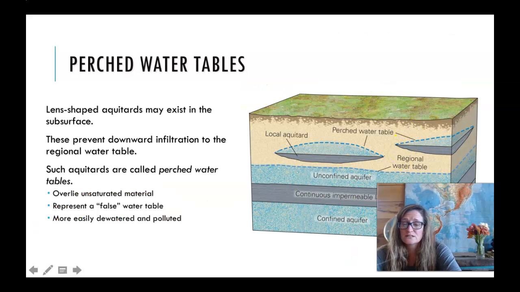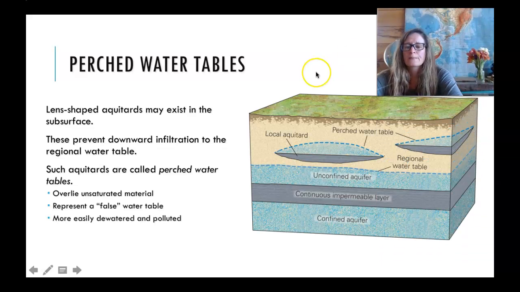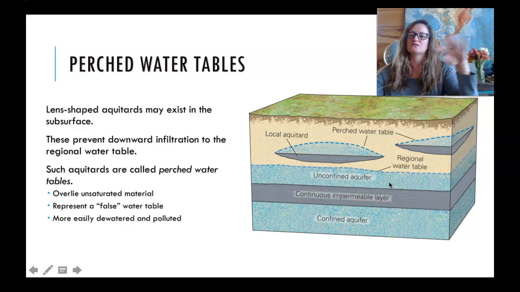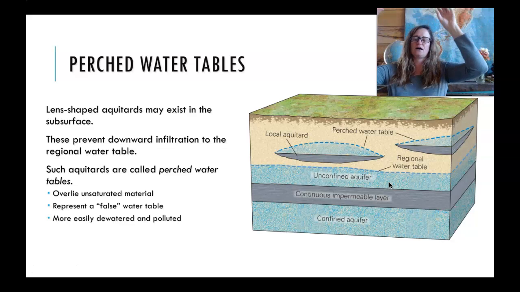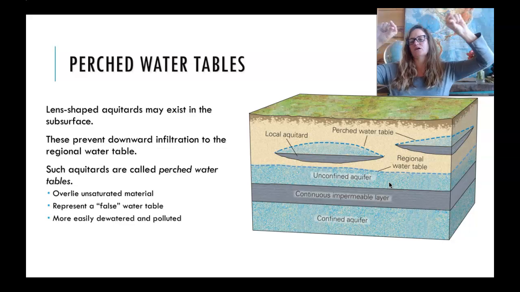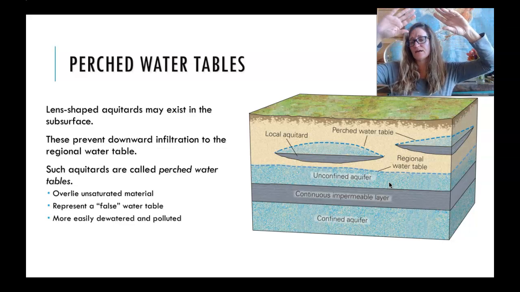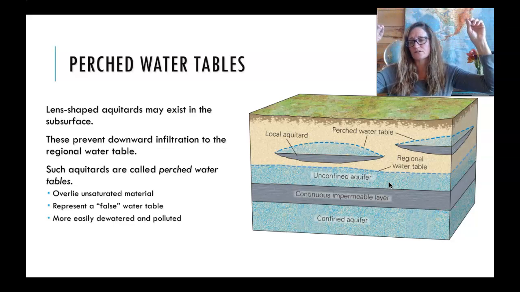There are special kinds of water tables. This is a perched water table. So here is an impermeable layer or an aquitard. Here's an aquifer, and up here above the regional water table, so a region has a water table, above that there may be a little lens of an aquitard, some kind of impermeable layer, usually like a clay, and above that clay there can be a little perched water table.